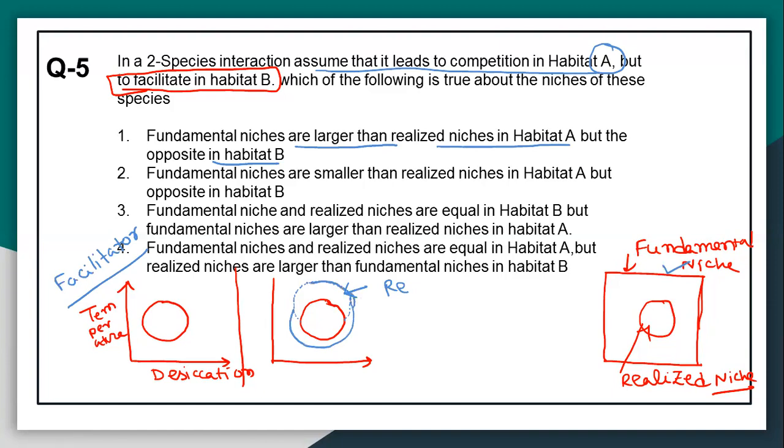Because here, the species facilitates in habitat B. If you consider this as habitat A and this as habitat B, one species facilitates the other, so the realized niche is larger than the fundamental niche.